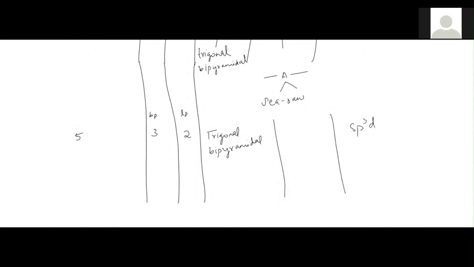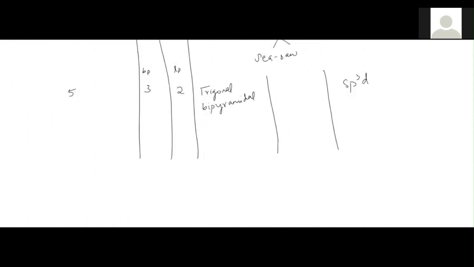Now here there are 2 lone pairs. I place them along the axial bonds, and then these are the other bond pairs, 3 bond pairs, right?